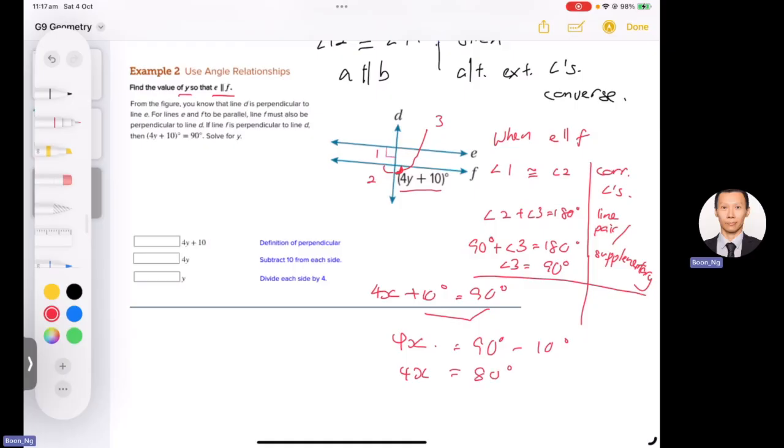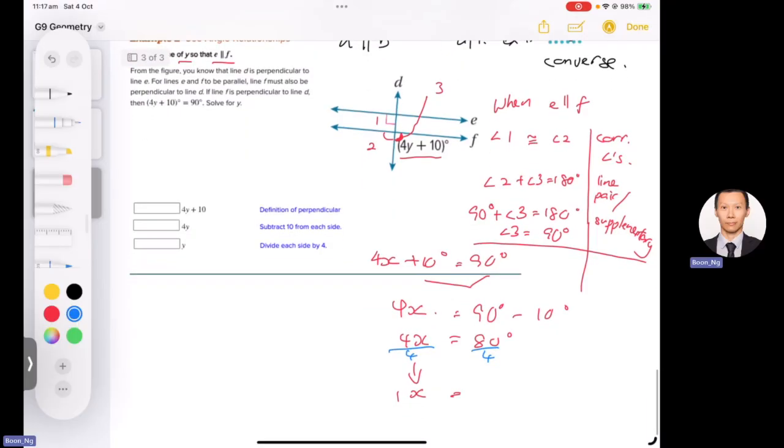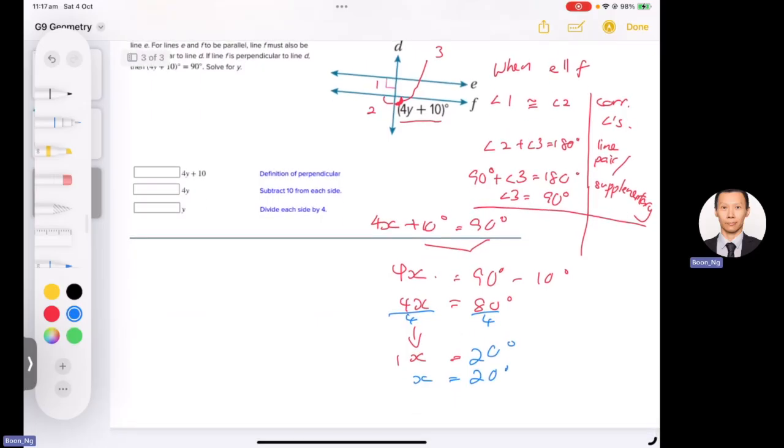We want to get 1x, so we divide both sides by 4, and we get 1x equals 20 degrees. It's actually not x, it should be y. There's a typo here. So y is 20. All right, that is it. Thank you very much.